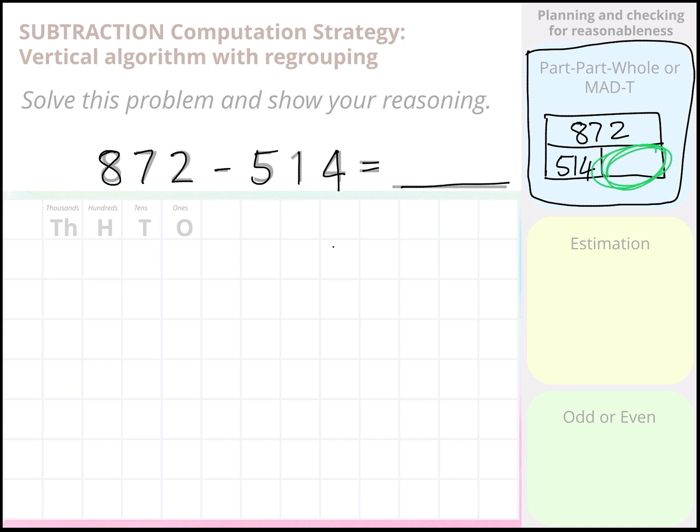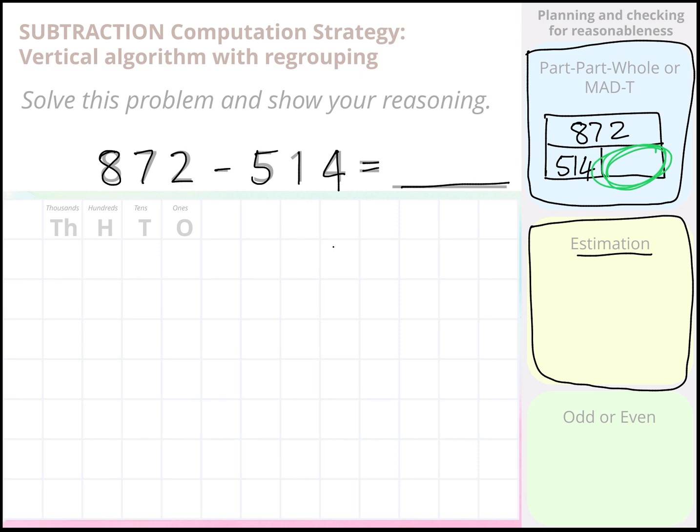Later on I'll check to make sure that my answer is less than the total, which is 872. I'm also going to do an estimation so that I know I'm on the right track at the end as well. So 872 and 514, let's round those numbers to the nearest 100.